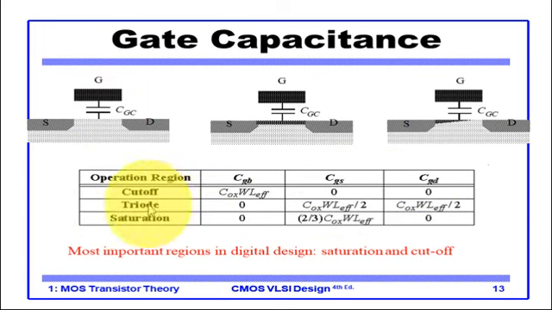If it is the linear region, also called triode, the gate to source and gate to drain have more value. And in saturation, the gate to source capacitance has the more prominent value. Okay, thank you very much.